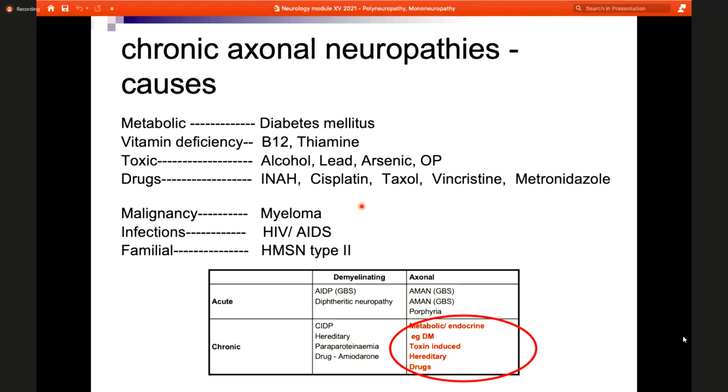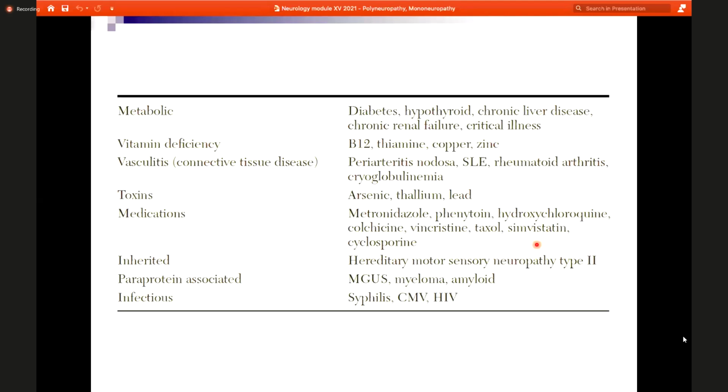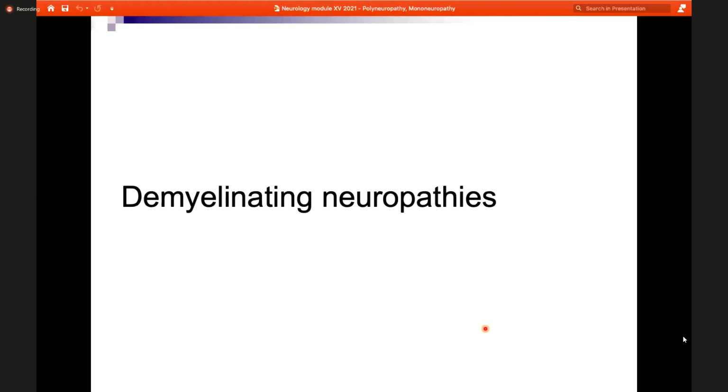And you don't see pure motor axonal neuropathies practically. The real pure motor axonal neuropathy is this entity called AMAN, which is an acute neuropathy. So chronic neuropathies, strictly, correctly speaking, are all mixed. Some are predominantly sensory and some are predominantly motor.